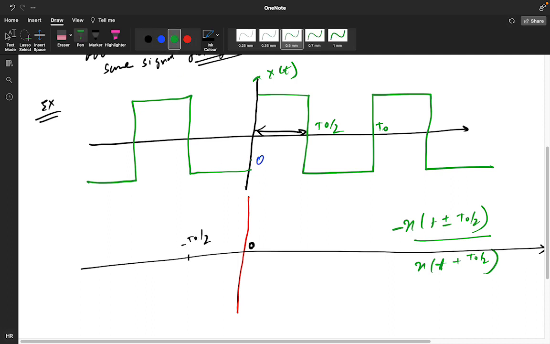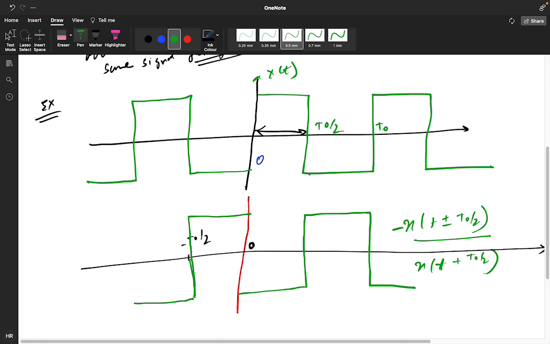Now draw the signal: you receive this part at this point and that part at that point, and it goes like this.